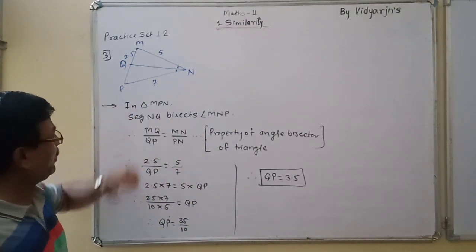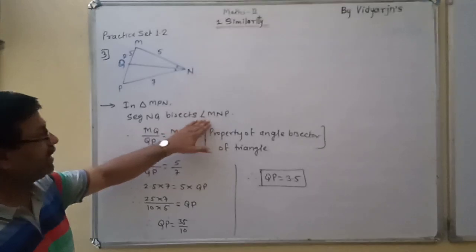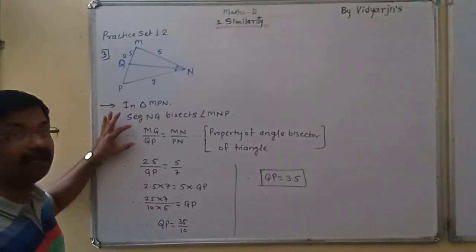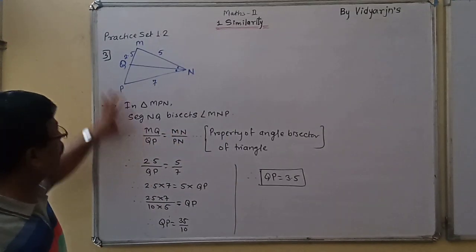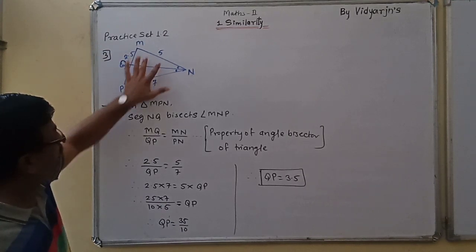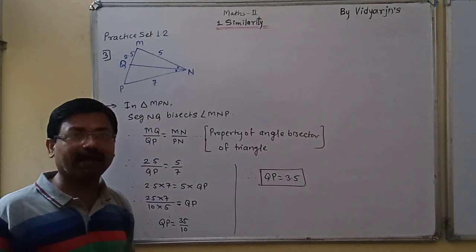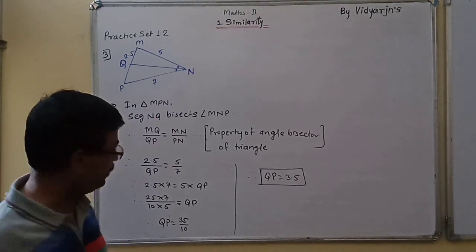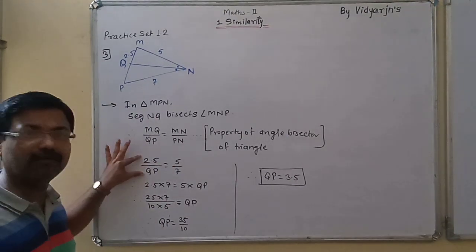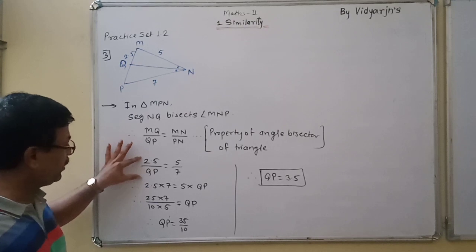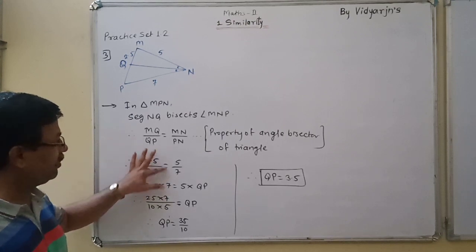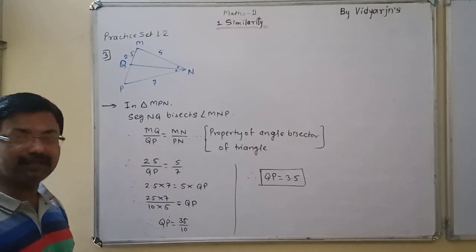In triangle MNP, segment NQ bisects angle MNP, then our ratios are NQ upon QP is equal to MN upon PN by the property of angle bisector of a triangle. Now, simply we put the values: NQ 2.5, QP as it is, is equal to 5 upon 7.